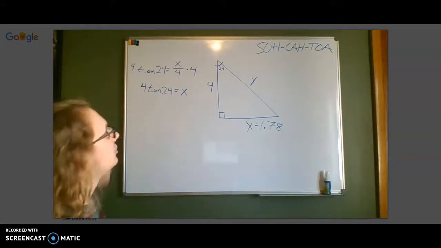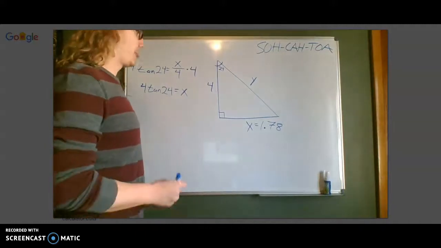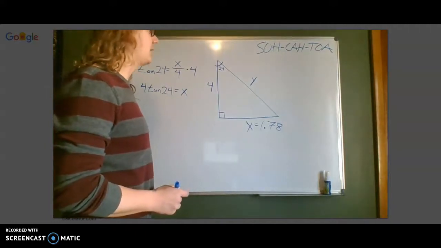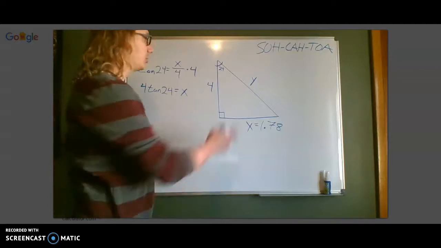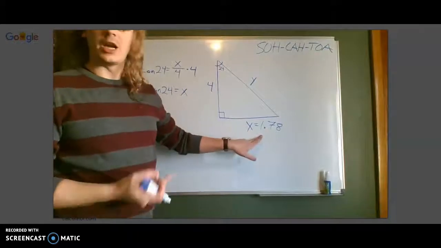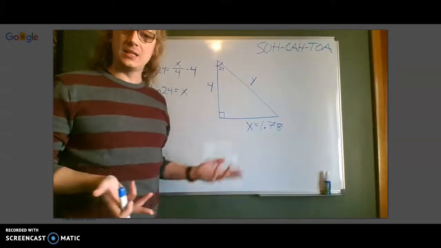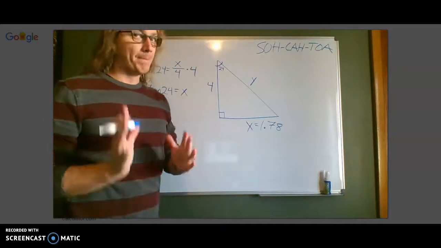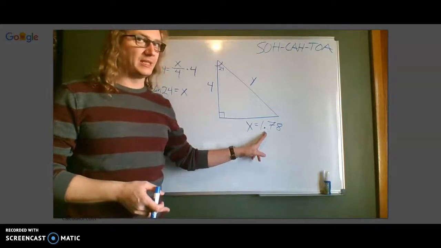All right, so now we want to look for y. Maybe using sine, because we're looking for y, and if I use sine of 24, that will give me x, which I know now, and it'll give me y. So sine doesn't sound like such a terrible idea. But if you remember the decimal that we got here, it wasn't 1.78.